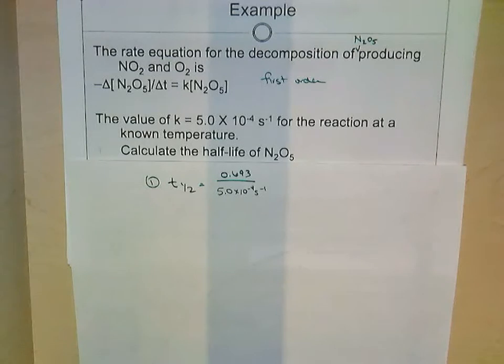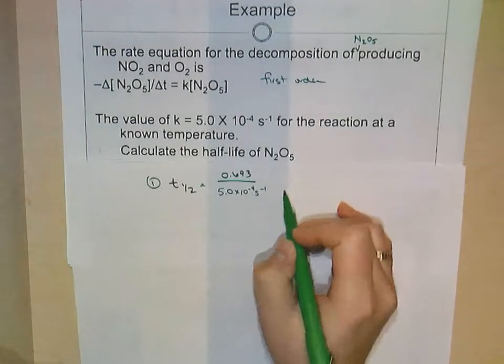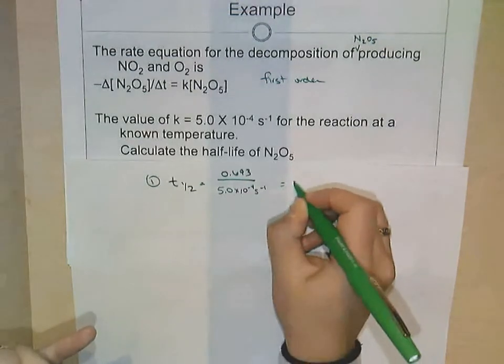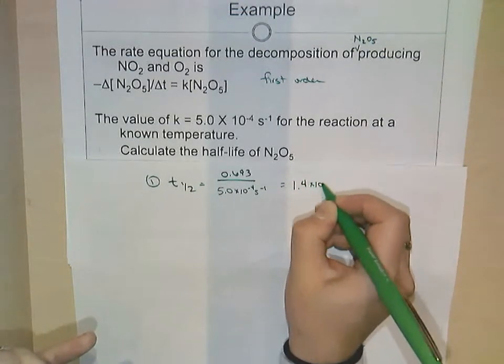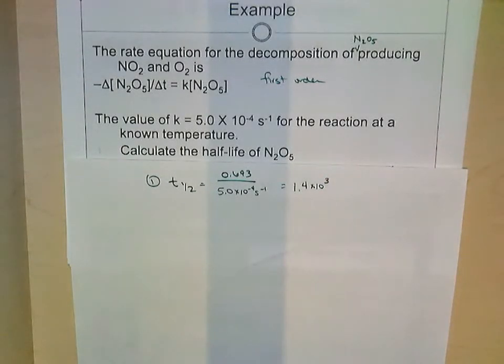That's just division. One of these days, I'll remember all the buttons on my calculator. Oh, there it is. How many significant figures can I have in my answer? 2. And then what will the units of time be? Seconds.